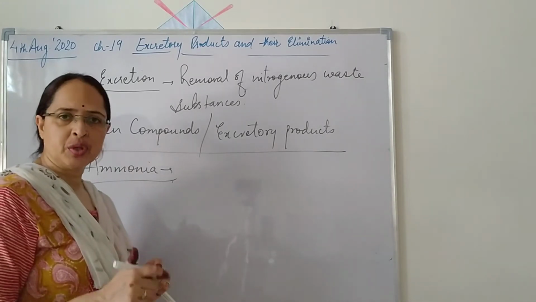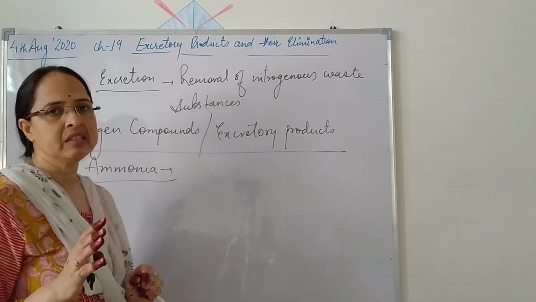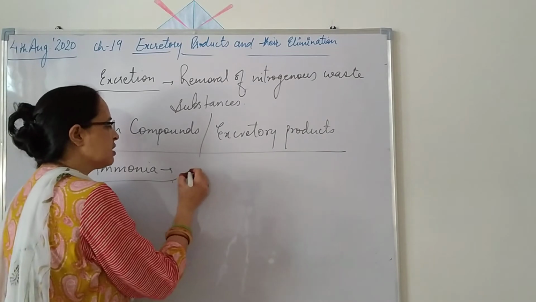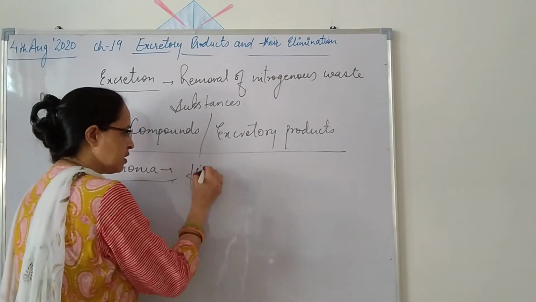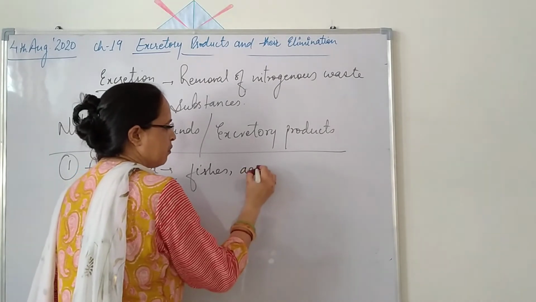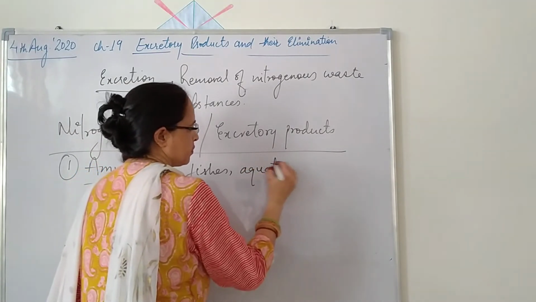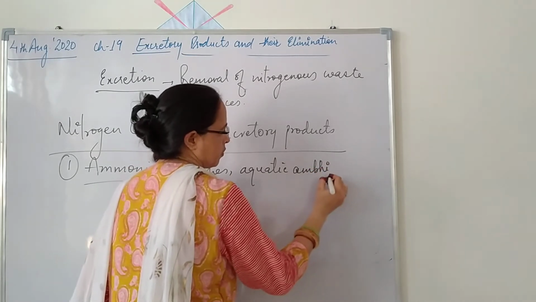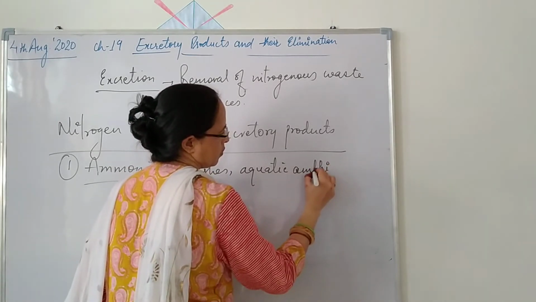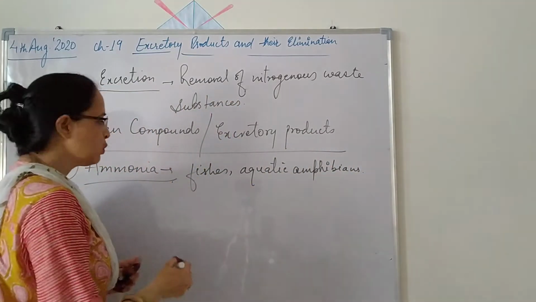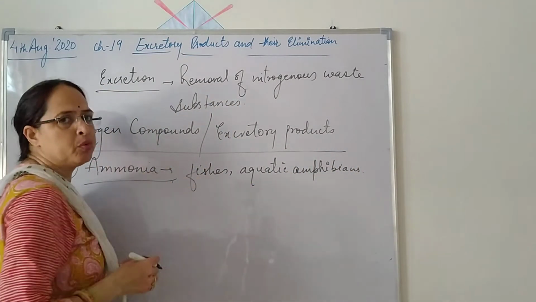As soon as ammonia is formed, it is to be released out of the body. So we say that this ammonia is found in fishes and aquatic amphibians. As soon as it is formed, its removal is a must.